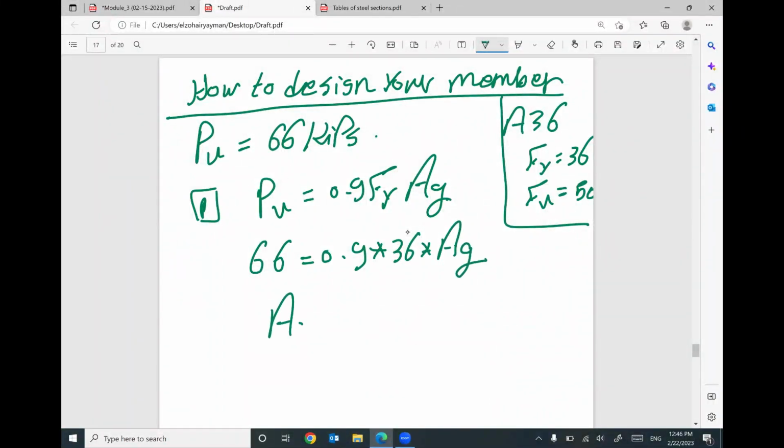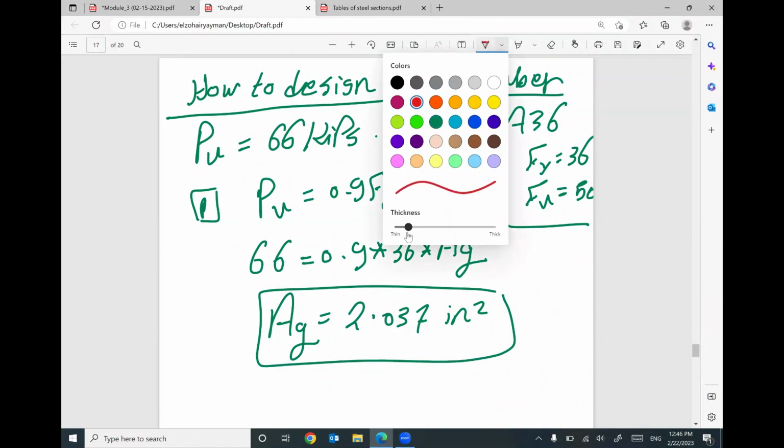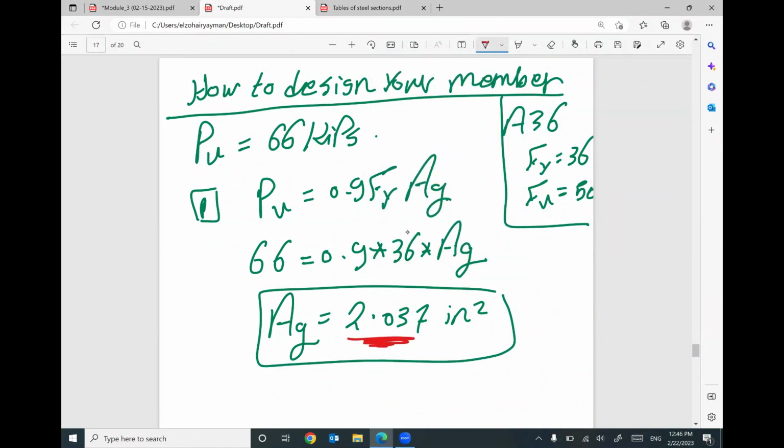Can you tell me what the gross area will be? I can tell you. 66 divided by 0.9 times 36, I need gross area equal to 2.037 square inches. I need this gross area to support this applied force from structural analysis.